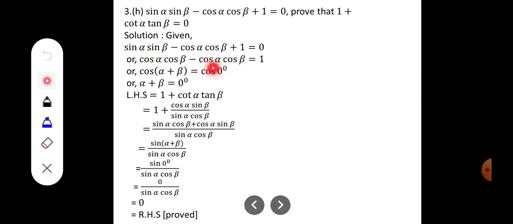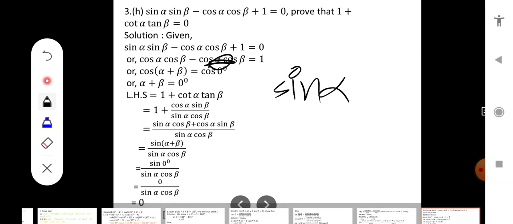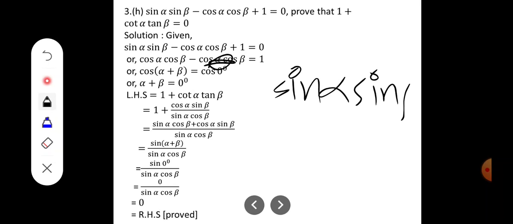And this is equal to cos(alpha plus beta), because cos alpha cos beta minus sin alpha sin beta.